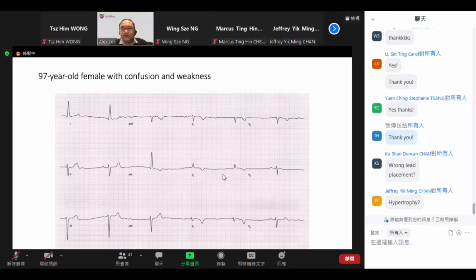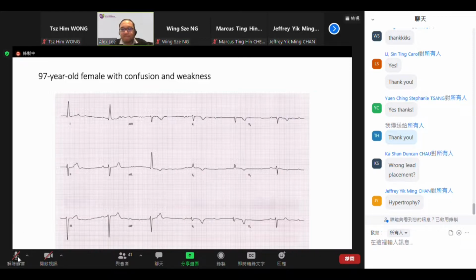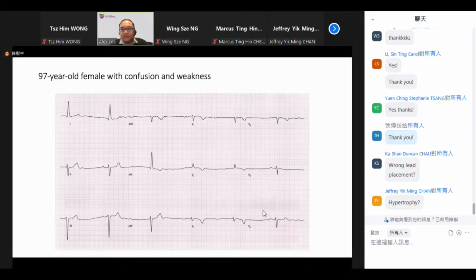Are you sure it's the R wave of V2? Sorry. It's the S wave of V2, S wave of V2 and V1 actually, whichever is larger, plus the V5, V6, whichever has a larger R wave. Then if it's more than 7 big squares, it is LVH.